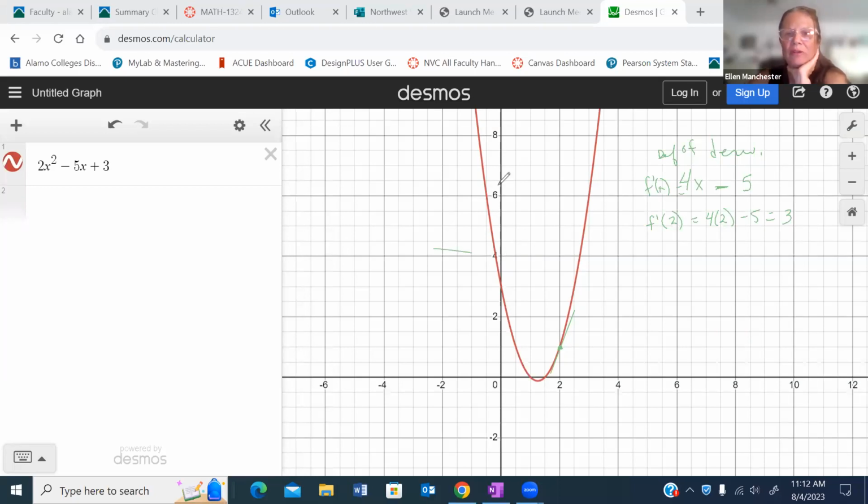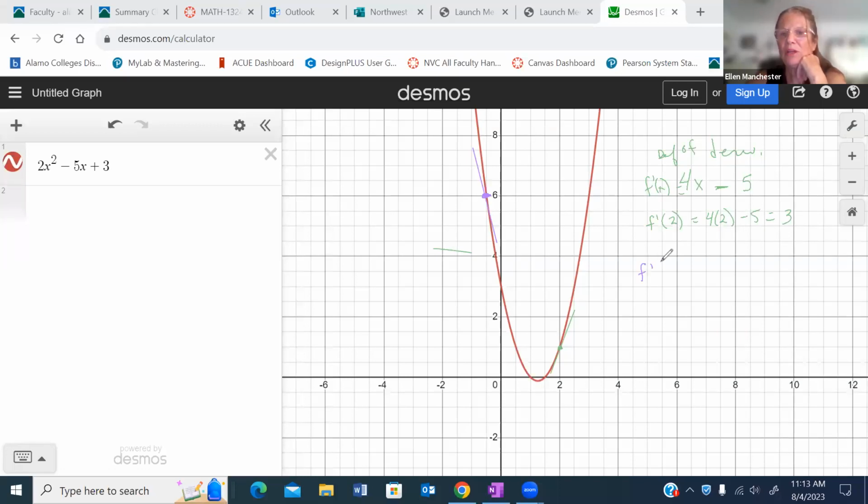But what if I wanted to know what's my instantaneous rate of change here? Well, when I put a line here, it's completely different. That purple line is going downhill, which means I should have a negative slope. So let's try it.